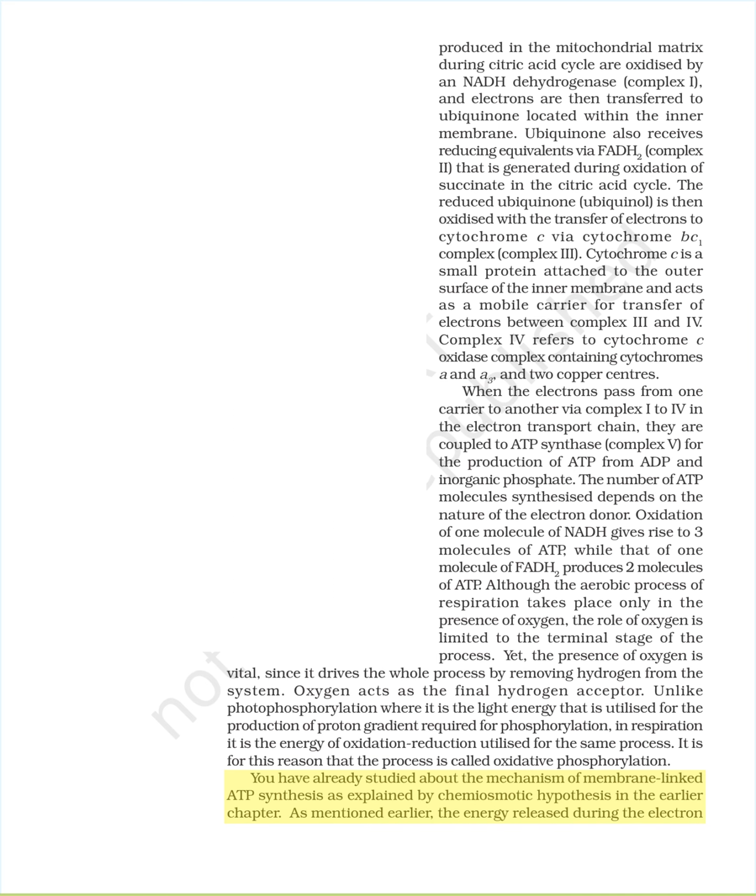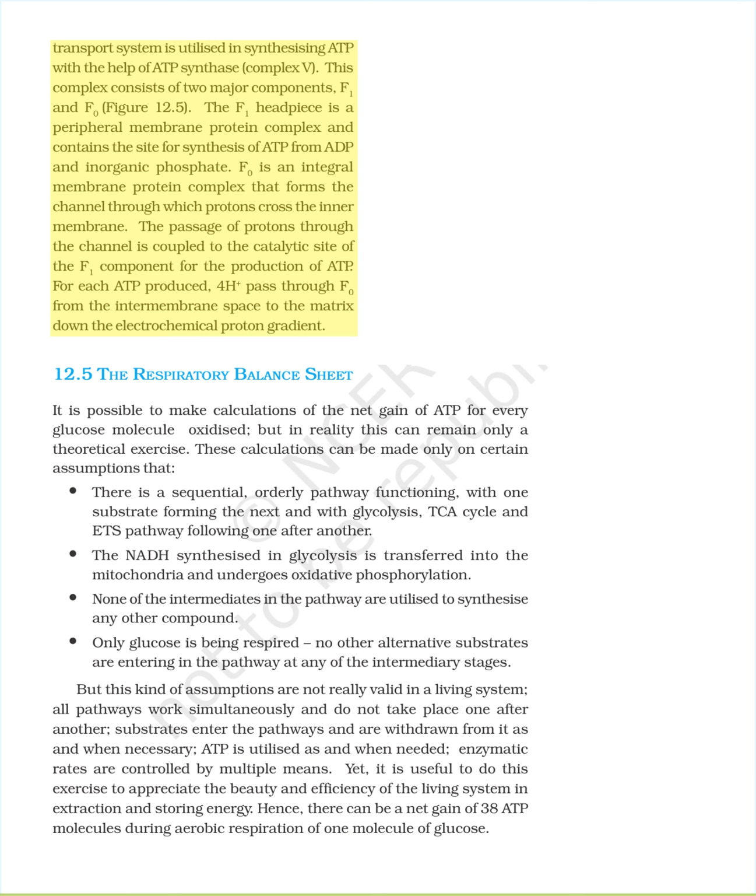You have already studied about the mechanism of membrane-linked ATP synthesis as explained by chemiosmotic hypothesis in the earlier chapter. As mentioned earlier, the energy released during the electron transport system is utilized in synthesizing ATP with the help of ATP synthase (complex V). This complex consists of two major components, F1 and F0, figure 12.5.